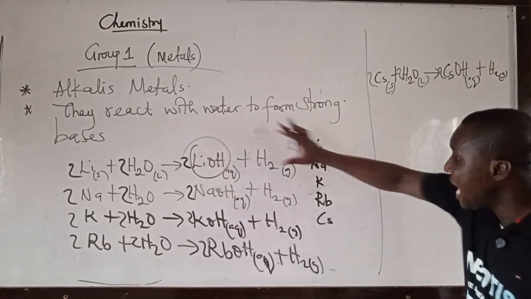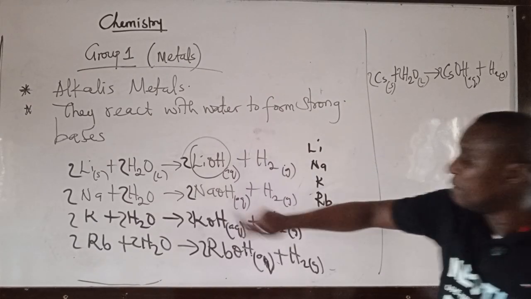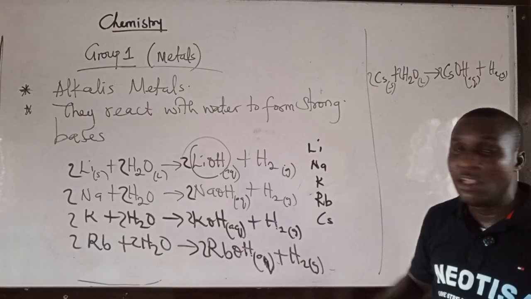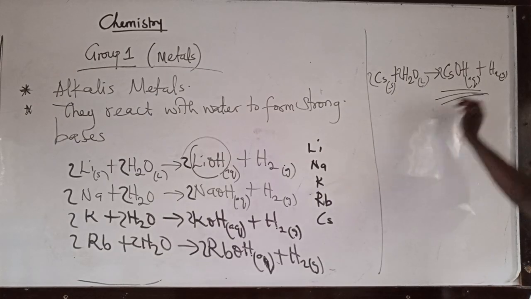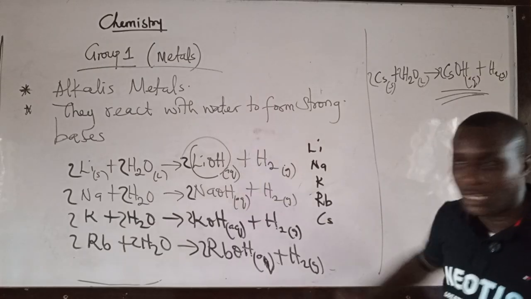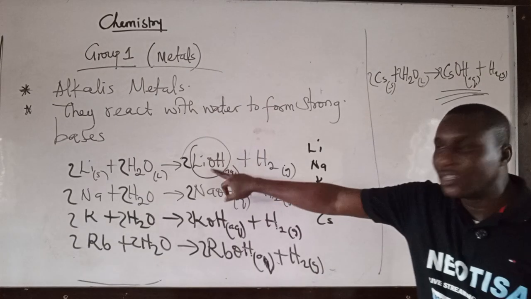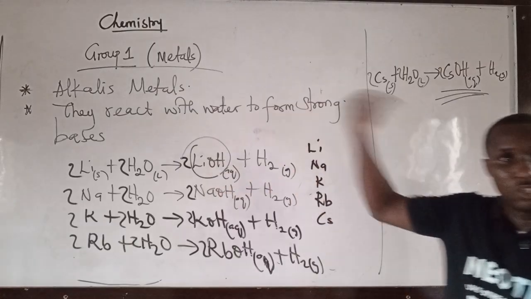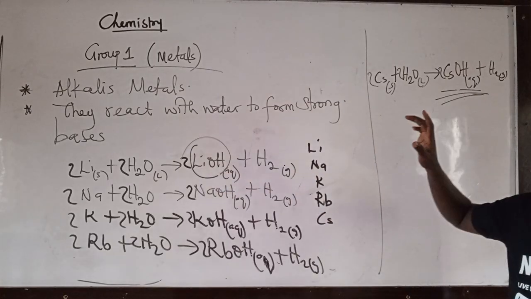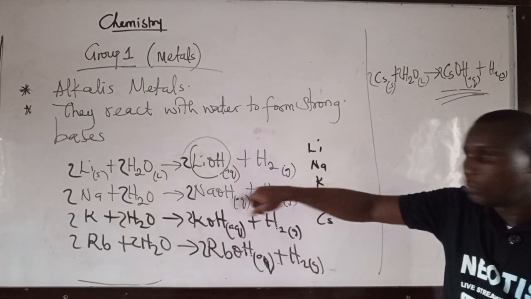That means they are all strong bases, but the weakest one of them is lithium hydroxide, while the strongest one is calcium hydroxide. Even though they are strong bases, they still have a weakest one, which is this.